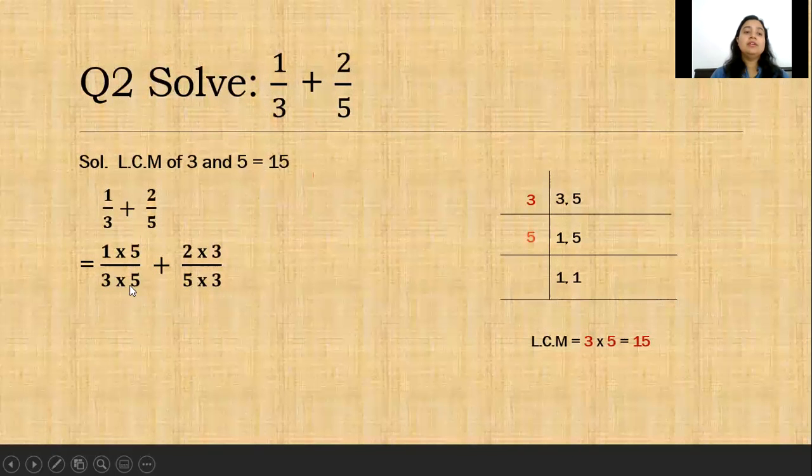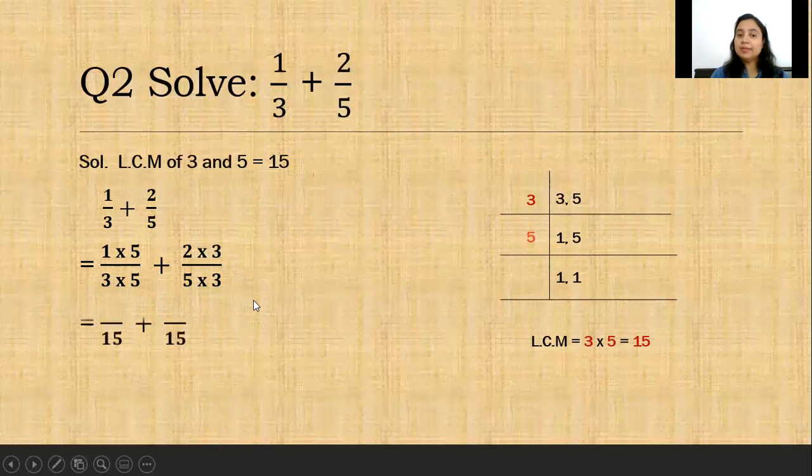So multiply by 5, because 3 5s will become 15. The same 5 you have to give in the numerator. Now look at this fraction 2 by 5. Look at this 5 and 15. What can we see? 5 3s are 15, right? So multiply 5 by 3. And the same 3 you have to give in the numerator.